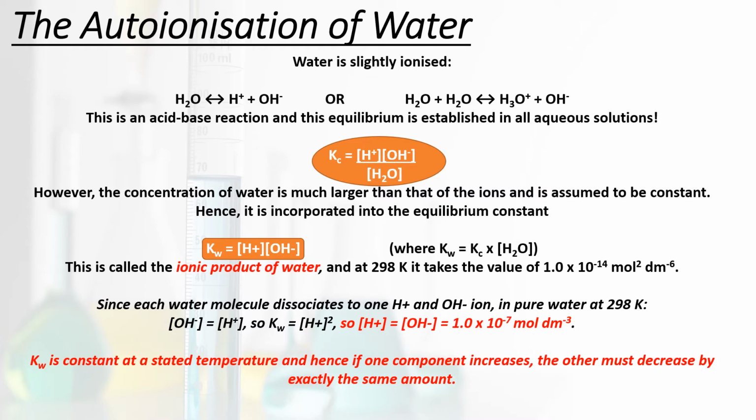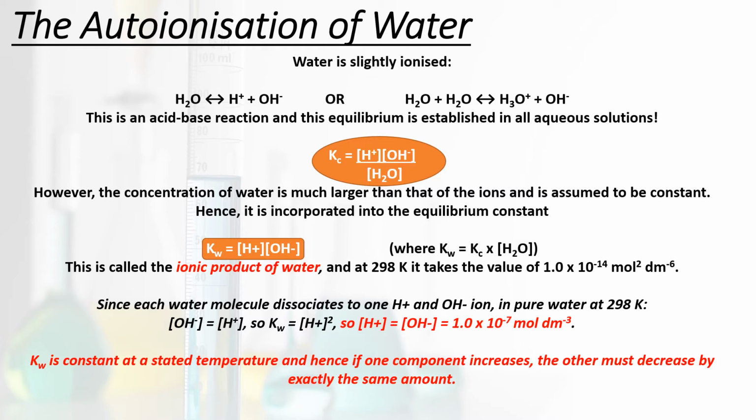Now, since we know that Kw at 298 Kelvin takes the value of 1 × 10⁻¹⁴, we can actually work out what our hydrogen ion, and also by the fact that they're equal, the hydroxide ion concentration is at 298 Kelvin by simply taking the square root of both sides. And in doing that, we end up with a proton or a hydroxide ion concentration of 1 × 10⁻⁷ moles per decimeter cubed.